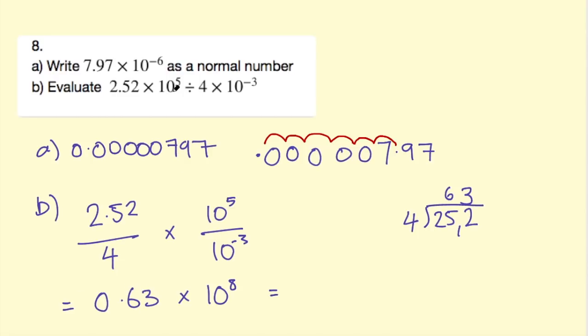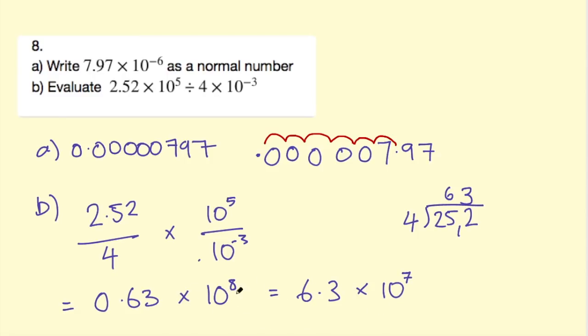Now I need to write that in standard form, so I need to make that a number between 1 and 10. So I need to multiply that by 10. If I multiply that by 10, I'm kind of stealing a times 10 from here. So that's going to be 6.3 times 10 to the 7.